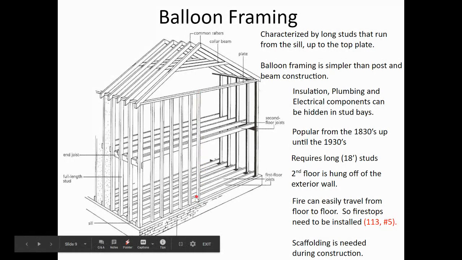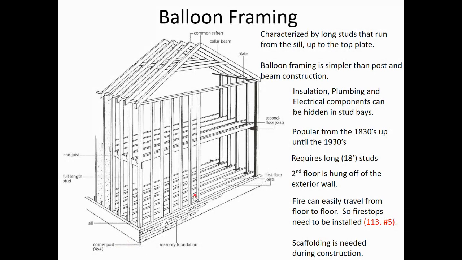Think about if you had a little electrical box down here buried in the wall, your electrical outlet, and there was a spark, and the spark causes a fire. You have a fire right here. Well, look, there's nothing stopping the fire from going from the first floor right past the second floor and then right up into the roof. It's got to burn through this board here, but it's got this chimney. It's got a direct pathway right to the roof.